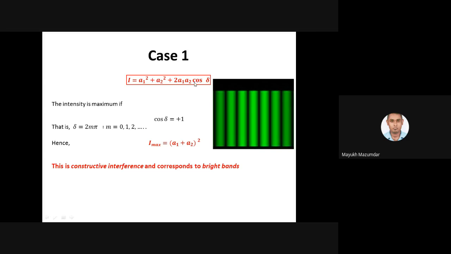So what is the maximum value of this equation? When cos delta is maximum, isn't it? You have an equation which is this plus this plus this. So this can be maximum when the third added term is maximum. Are you getting my point?